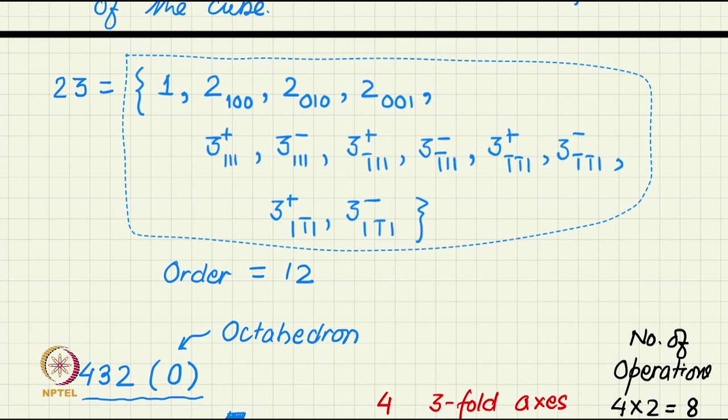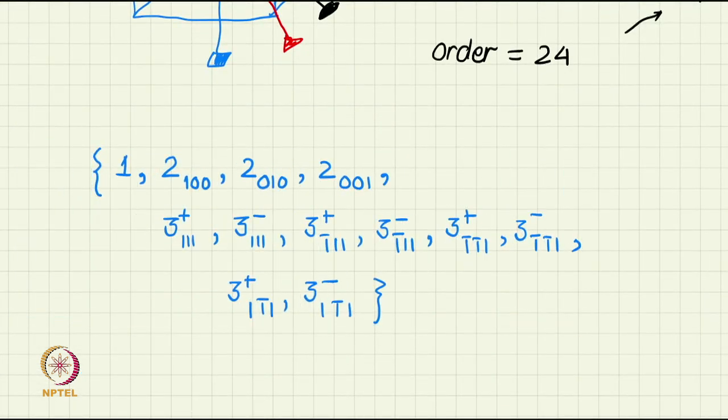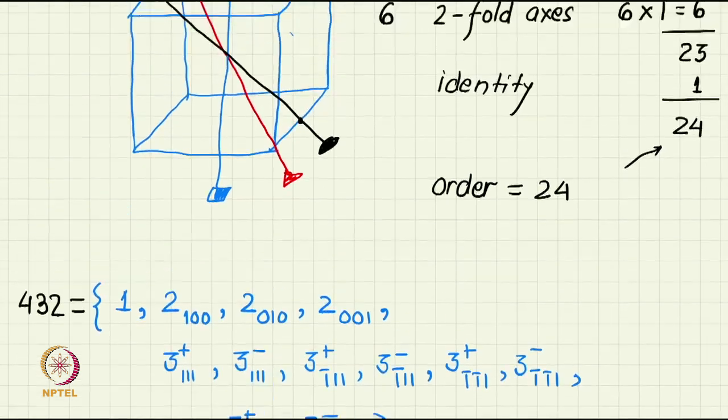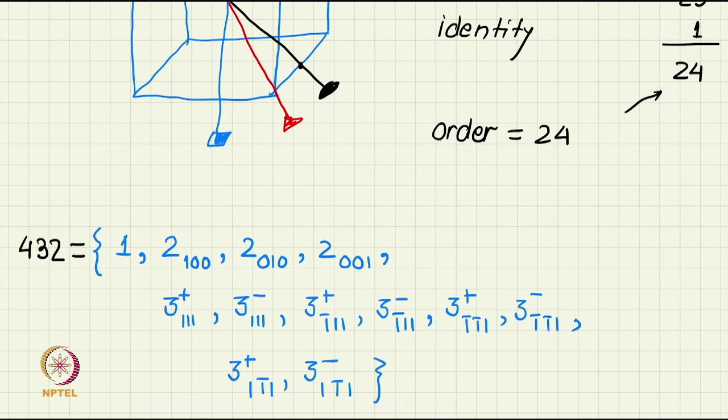So, I simply copy and paste it and make my group 4 3 2. The only thing is that remember the 2-fold became 4-fold for the cube. So, I have to make the 2 folds as 4 folds.